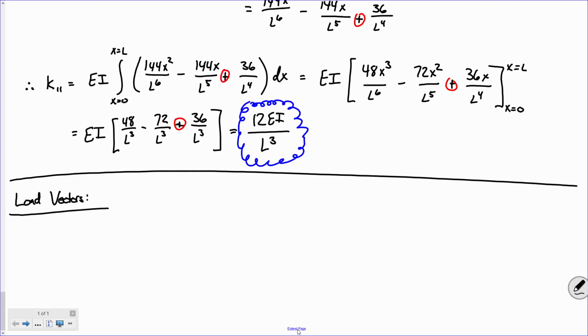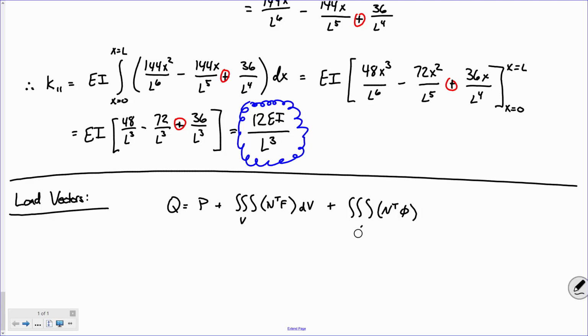Okay? If you look back to our derivation, our load vector was P plus the triple integral over the volume of N transpose times F dV plus the triple integral over the volume of N transpose times our surface tractions.